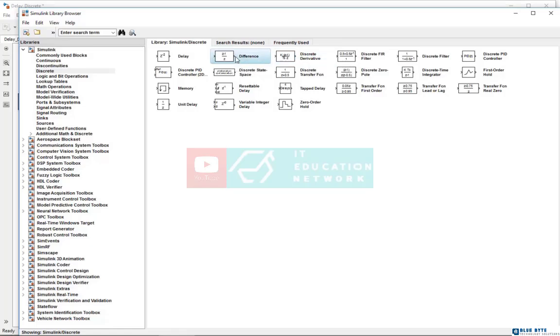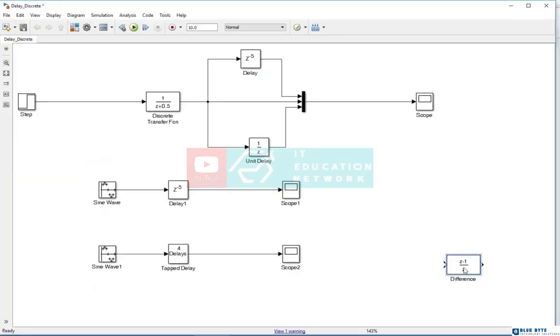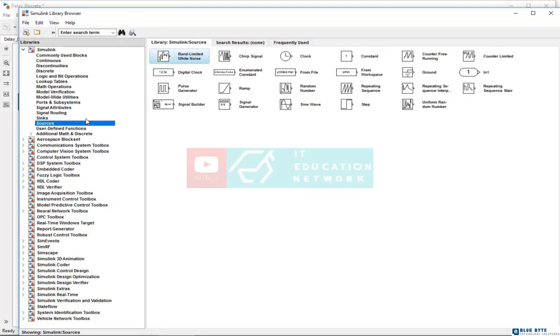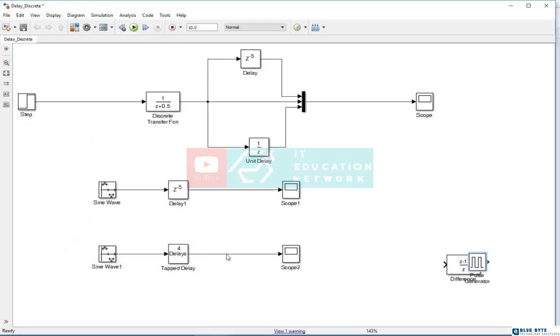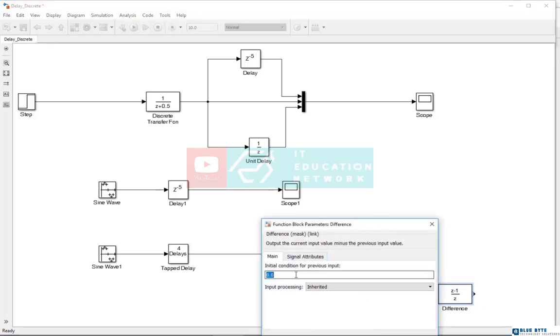We have the difference block here. I want to show it in an example. I want to have that model with a pulse generator. This block subtracts the new input from the previous input by the sample time. I set its sample time 0.2.